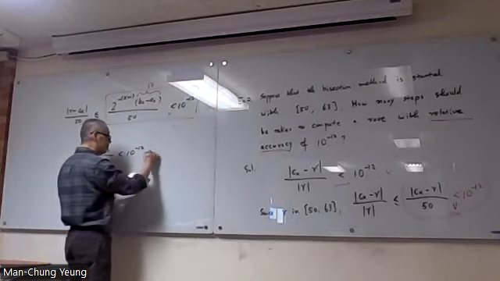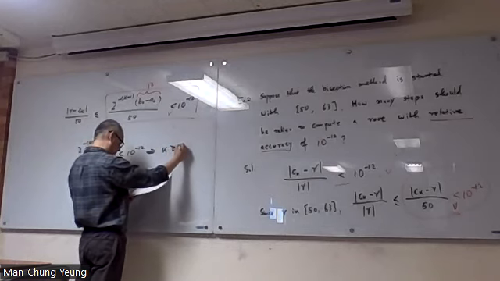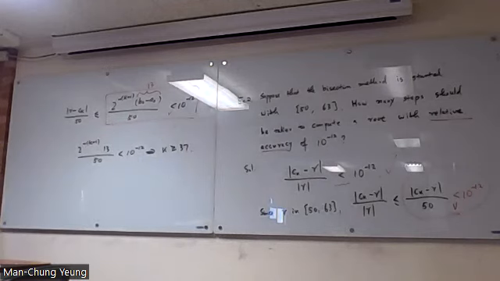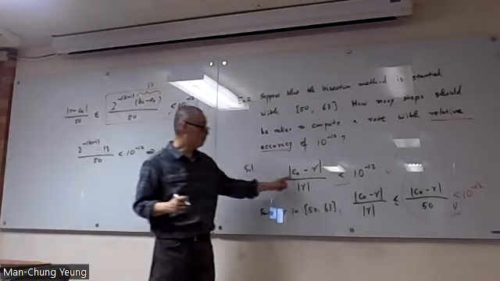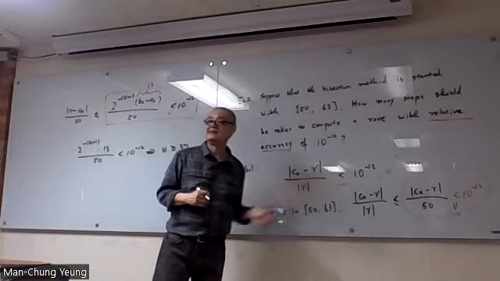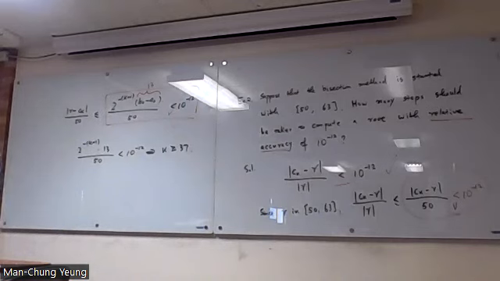So the solution is K greater than or equal to 37. So we need to run at least 37 steps to guarantee the midpoint's relative error with respect to the root. Okay, this is the bisection method.